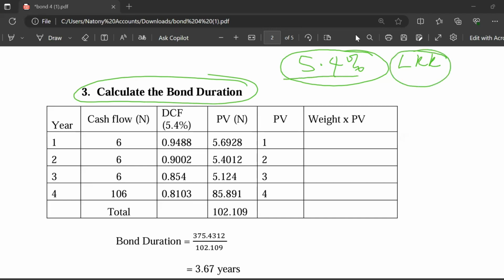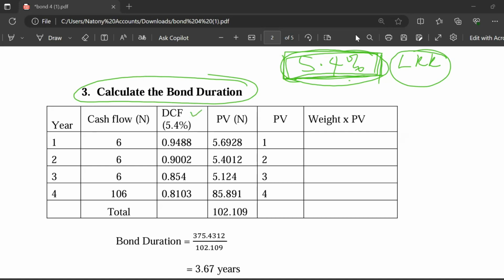So this YTM that we've gotten is a single rate that the investor can use to discount their cash flow to arrive at the bond value. Instead of using the yield curve, you can use the YTM if you have it. But in this question, the YTM wasn't given, so we needed to calculate it here.